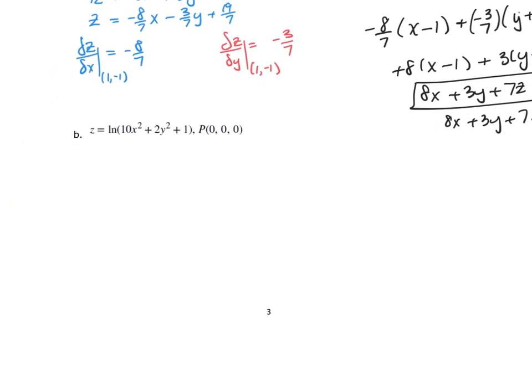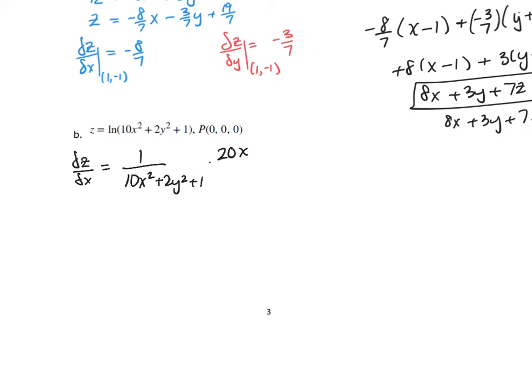Okay, now let's take a look at this one. We want to find the plane at the point 0, 0, 0. We already have z isolated, so now we'll just do the partial derivative. So I'll do the partial derivative with respect to x. And this is going to give me 1 over 10x squared plus 2y squared plus 1 multiplied by 20x.